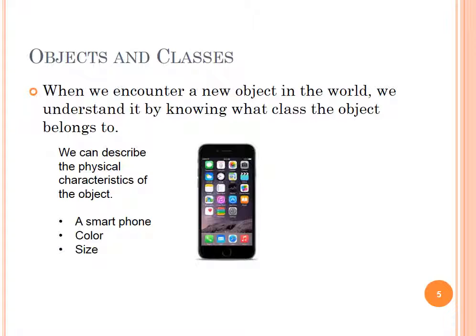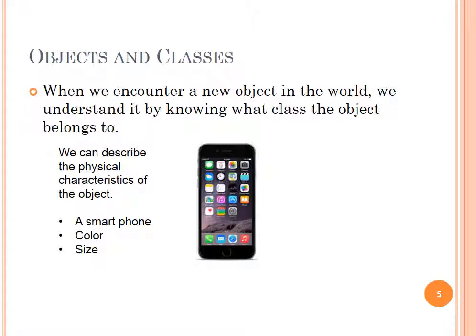Okay? And all objects that belong to the class of cell phones also have those same physical characteristics. So we can say, in general, smartphones have a characteristic called color. We can say that this specific object, this specific phone, is black.